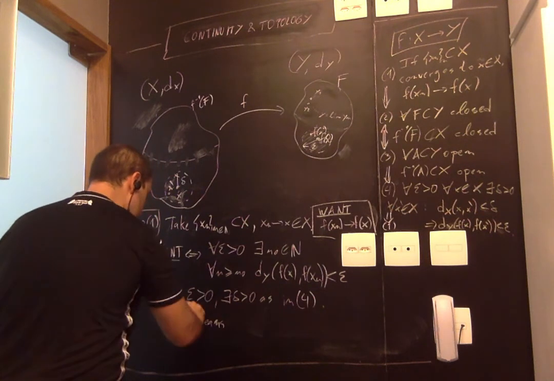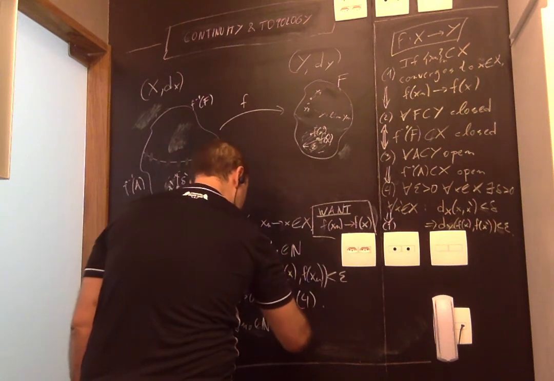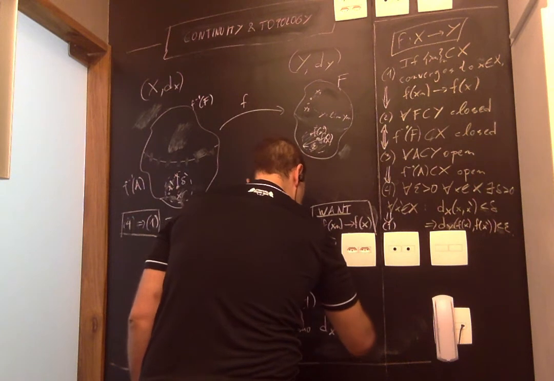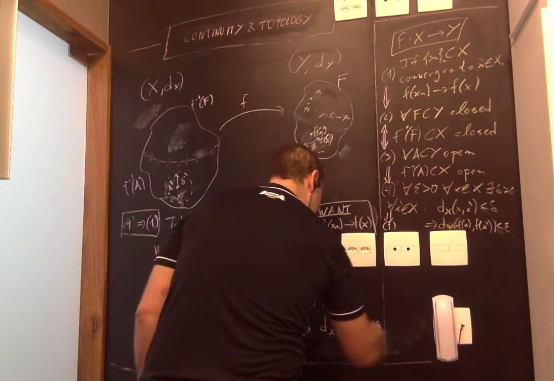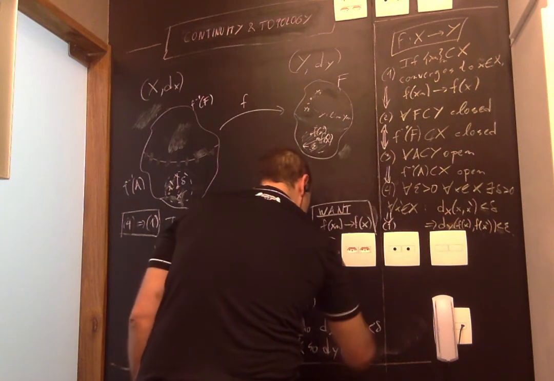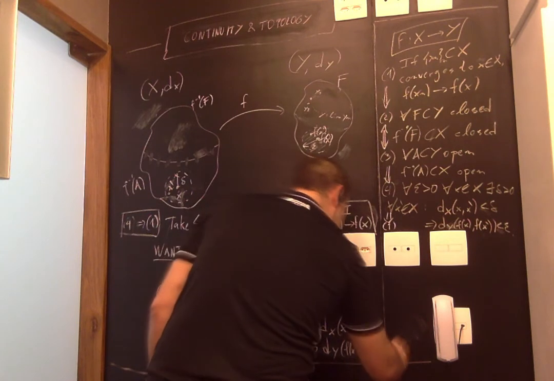So this means that there exists an n naught such that for n greater than n naught, the distance between x sub n and x is less than delta, and so the distance between f of x sub n and f of x is less than epsilon.